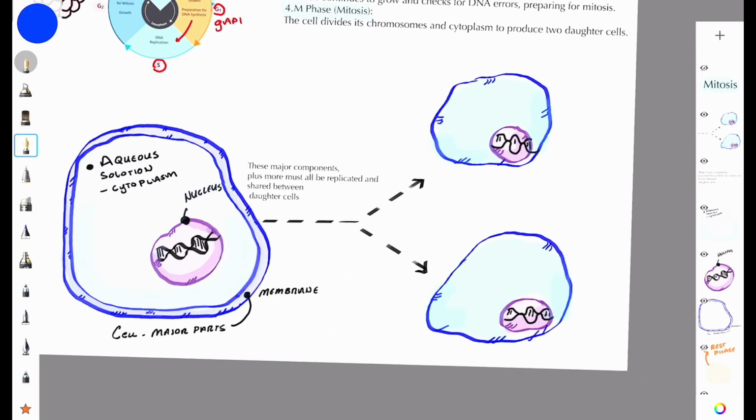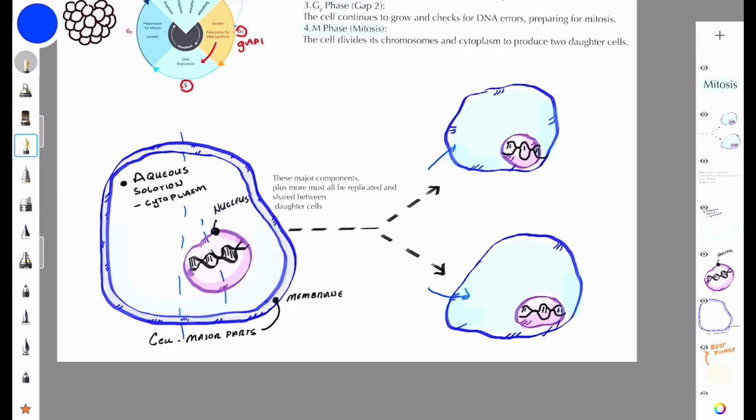We have to replicate, again, this DNA has to be split. The cell membrane has to be split, and it has to be given equally to the daughter cells. And again, this is what we call mitosis.